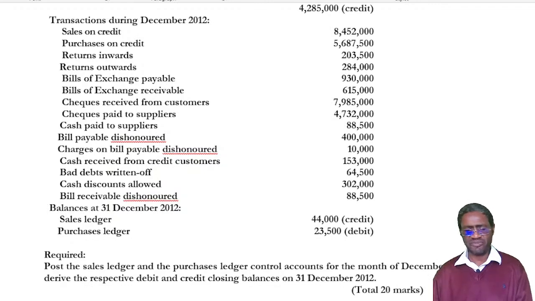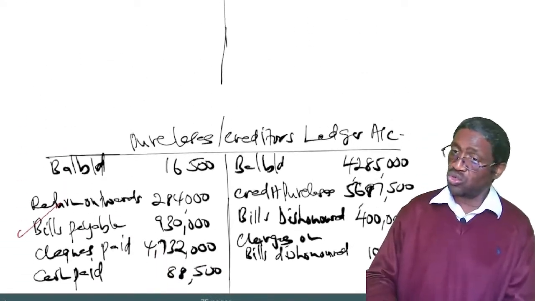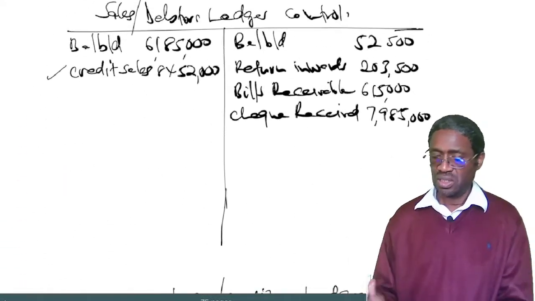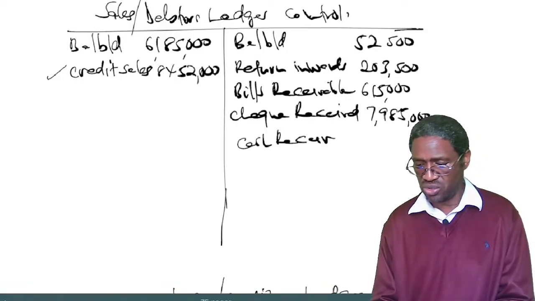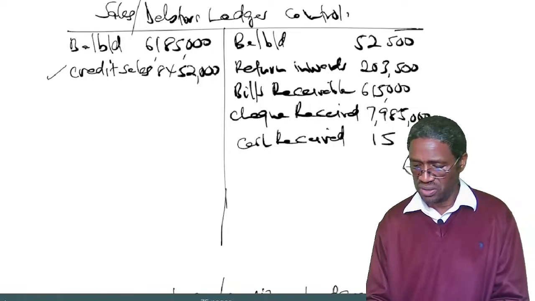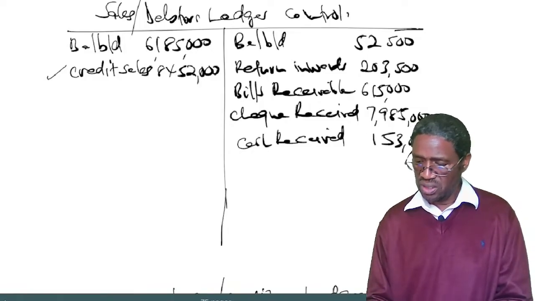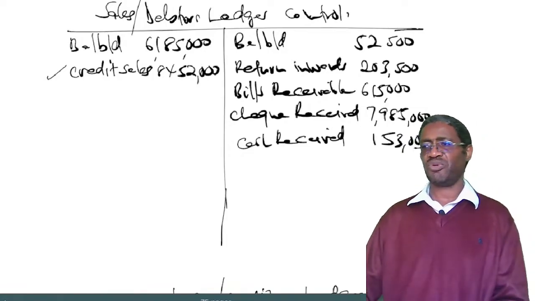How much? 153,000. Come and see your cash received. You go to your debtors account. We just sold goods. Now they are paying us by cash. 153,000. Good. That is it for that one.